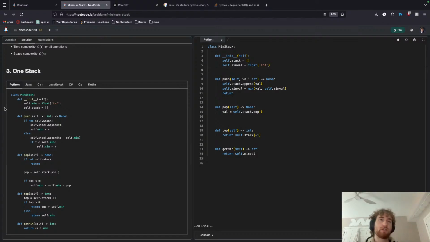You append 0. Append 0. Okay, because there's no difference. And from there on, we're appending if there is a minimum, then we're appending x. Okay, so like the difference.